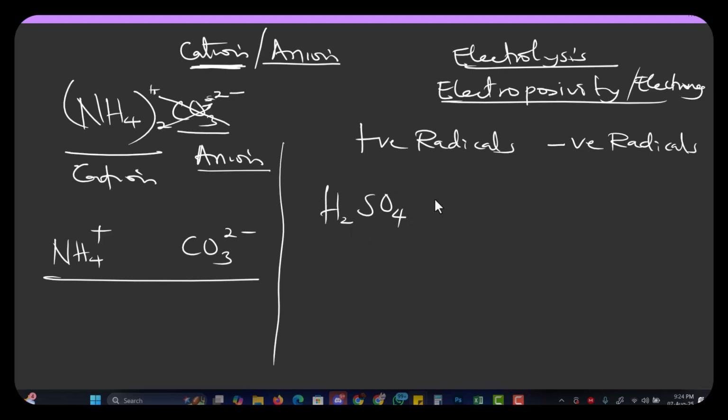Well, like I said before, you are yet to identify the radicals. But at least let me mention some of these negative radicals so that it's going to be easy for us. Some of these negative radicals that we have is CN, known as the cyanide ion. Then OH, which is the hydroxyl ion.